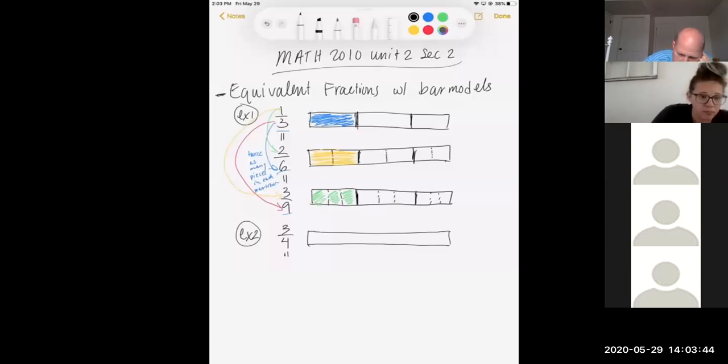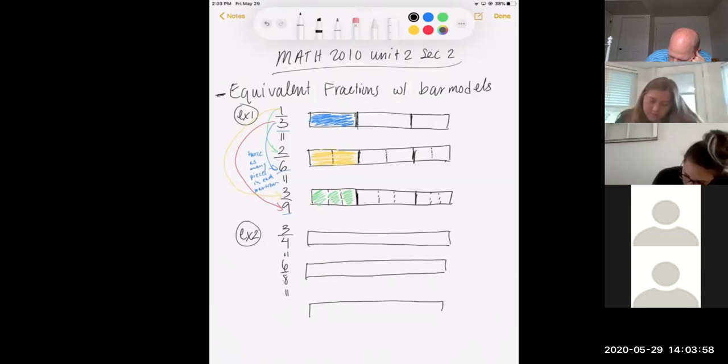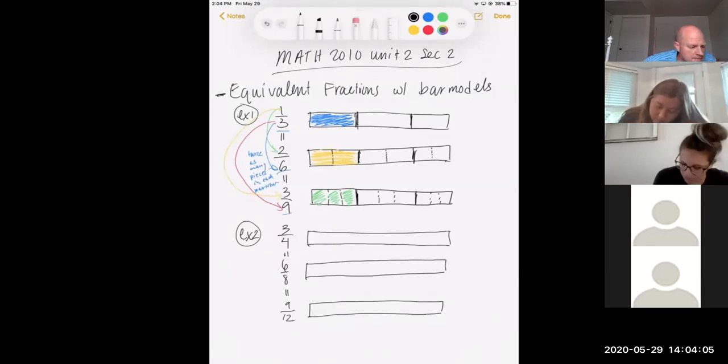Okay, 6/8. And one more. 9/12. Yeah, good. I like how you guys are keeping it simple, using smaller numbers so you don't have to do as much work, but completing the problem. So 3/4.